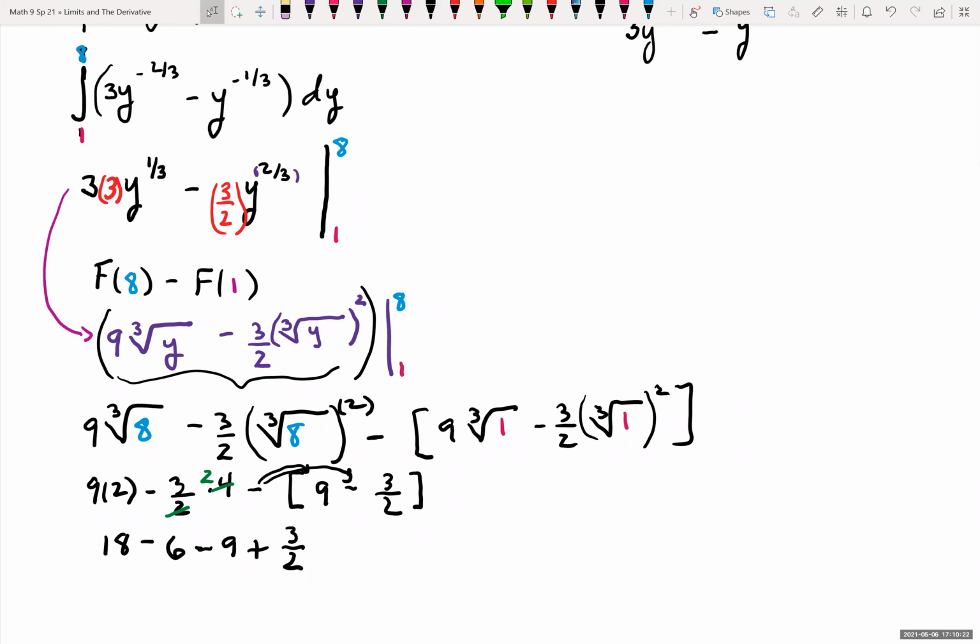Okay, so combining that all together, 18 minus 6 is 12. 12 minus 9 is 3. So I have 3 plus 3/2. Let me rewrite 3/2 while I bring that down. 3/2 is the same thing as 1 and 1/2. So 3 plus 1, that's 4. So this is 4 and 1/2.